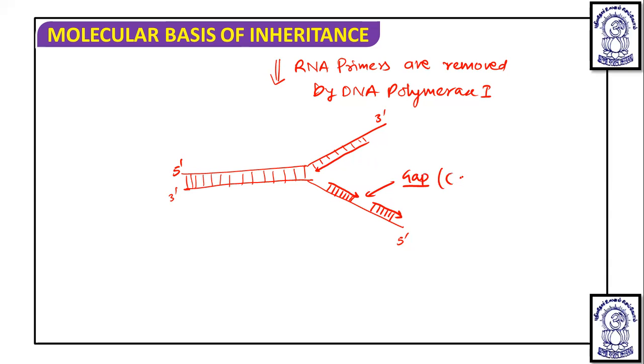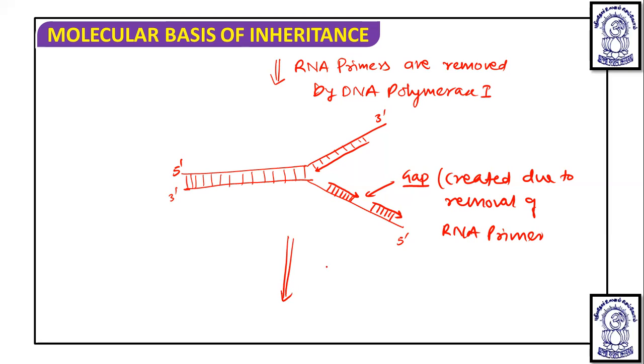These are created due to removal of the RNA primer. Now, these gaps are again filled by DNA polymerase 3.